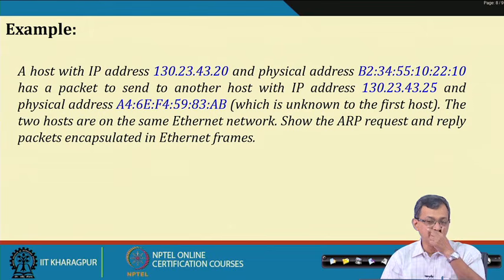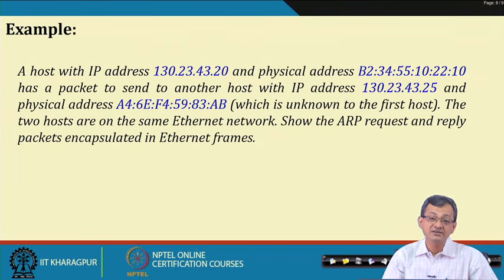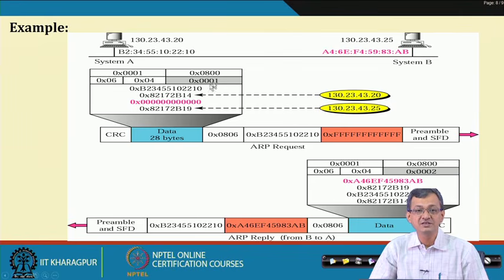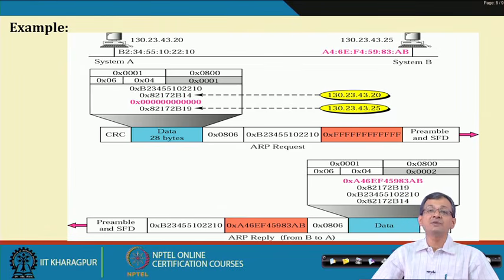Then we tried to see how these things are formed. The source has the IP and the hardware address, whereas the destination has the IP but not the hardware address. So the packet is filled up accordingly; the part in pink is what is not known. Once filled, it is sent to the network in broadcast mode, because the owner of the destination IP address is not known.